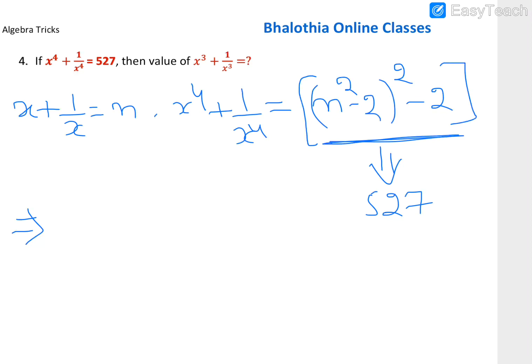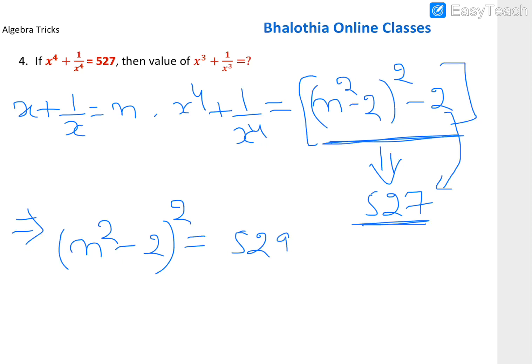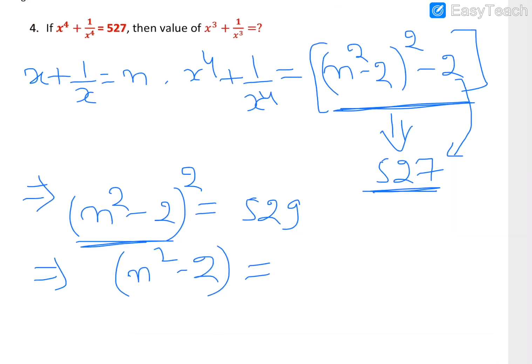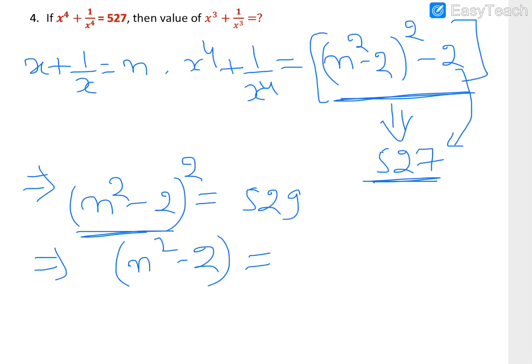Here, if we bring this 2 to the right hand side, it will become 529. So (n square minus 2) whole square will become 529. If we take the square root again, n square minus 2 will become root of 529, and that is 23.